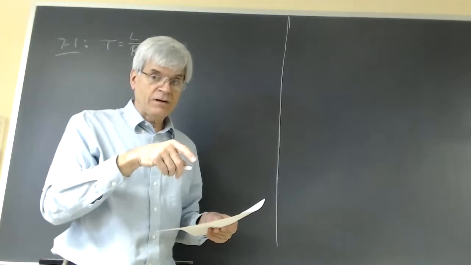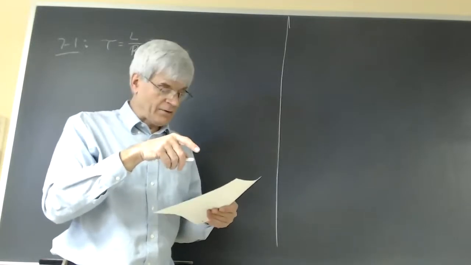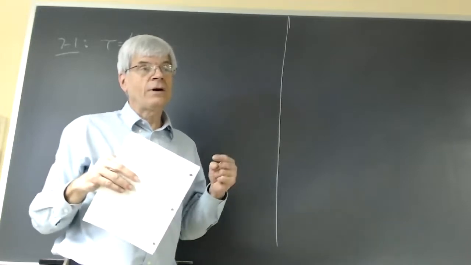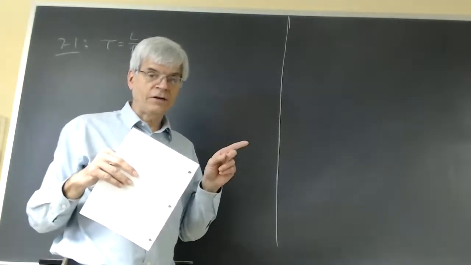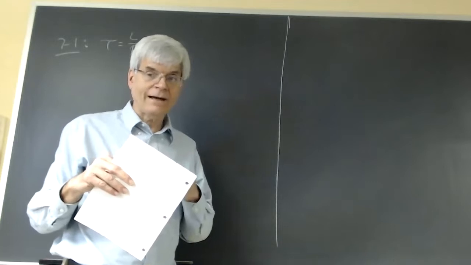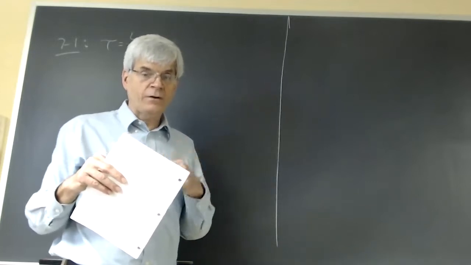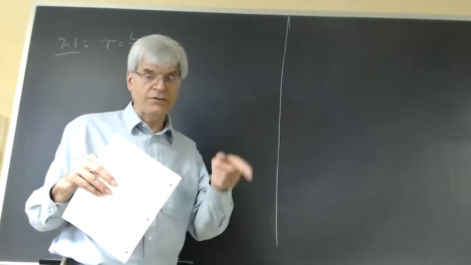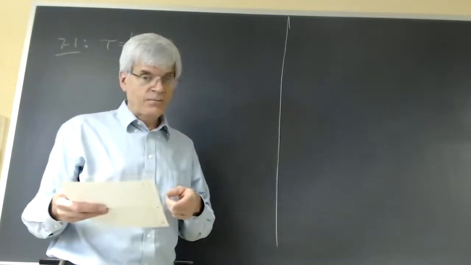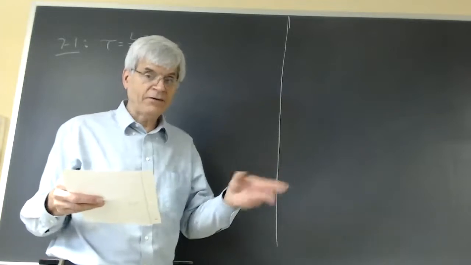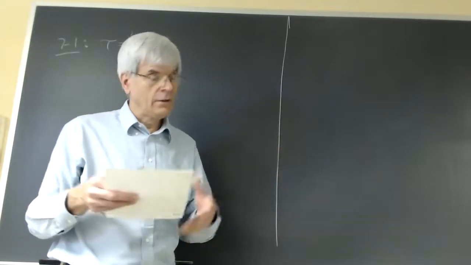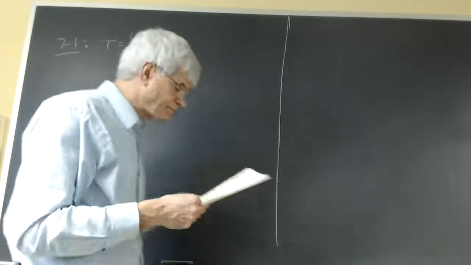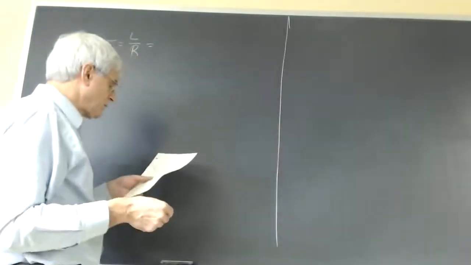You look at your formula sheet, it says time constant equals L over R. Well, not too far away, it also says time constant equals R times C. We'll get to that in a minute. But that's for an RC circuit, a circuit with a resistor and a capacitor in it. This circuit doesn't have a capacitor, it has a coil. So you don't want RC, you want L over R, because L is the inductance of a coil.